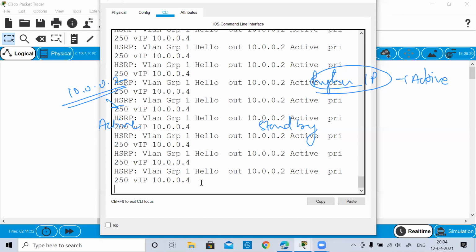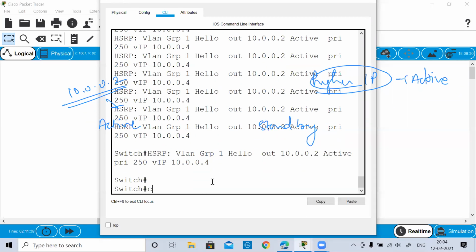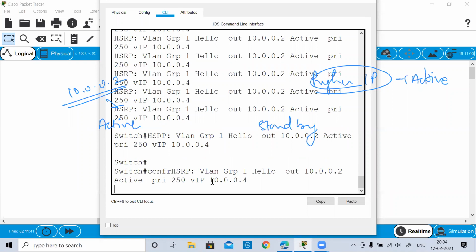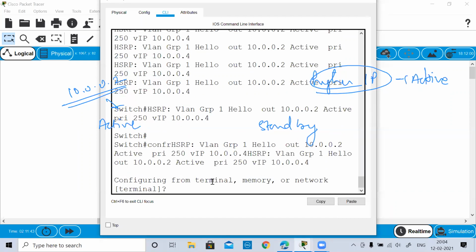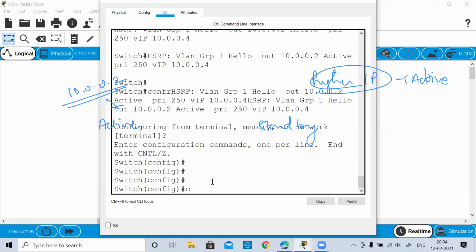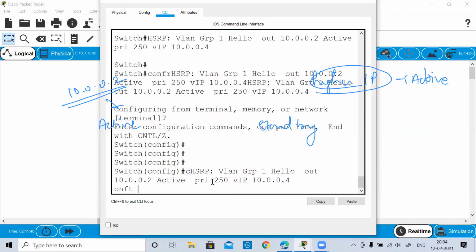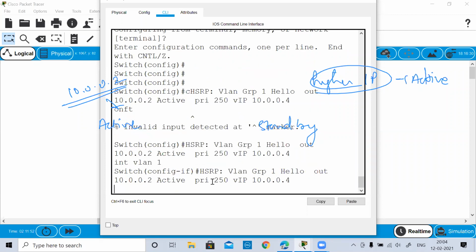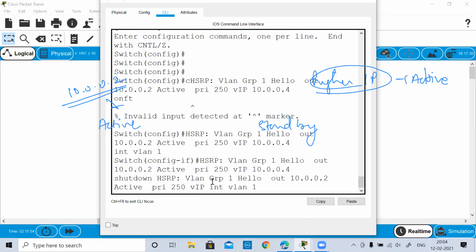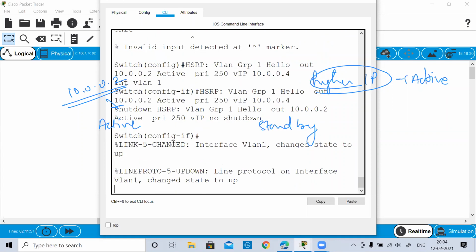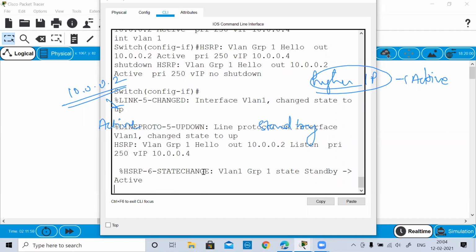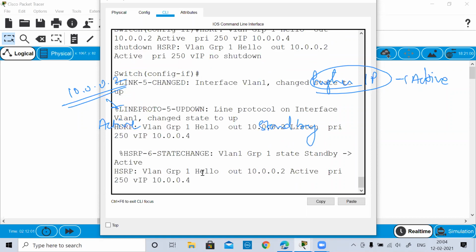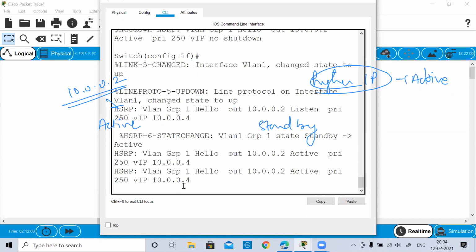Let me now go to interface VLAN 1 and put VLAN 1 in the no shut state. Okay, so now this has come to the state. This way you can also change the timer, guys, because you have seen it.